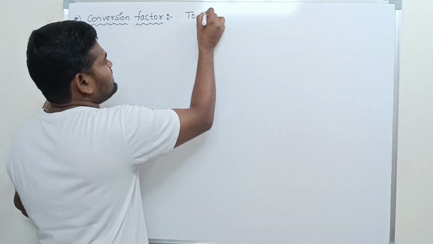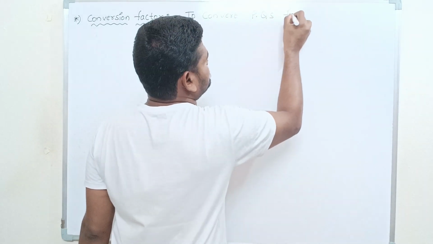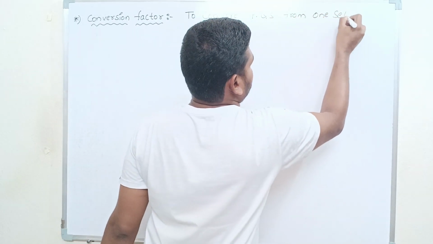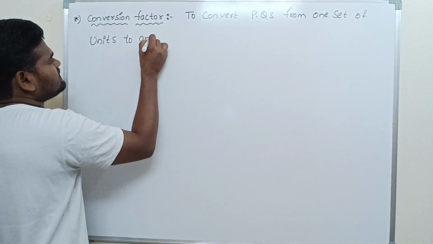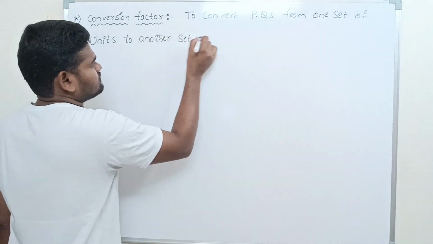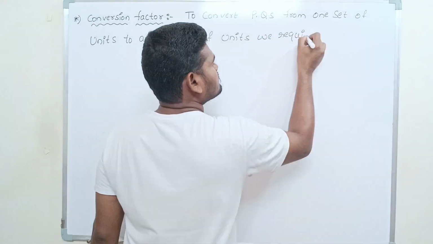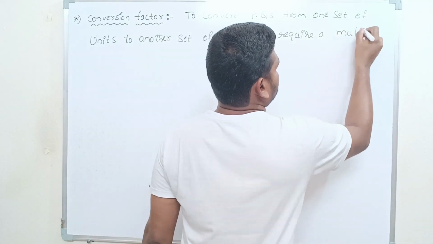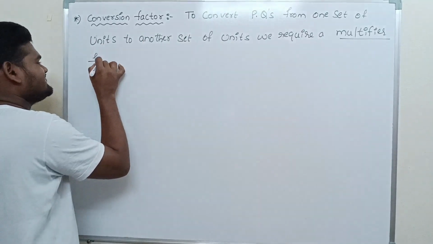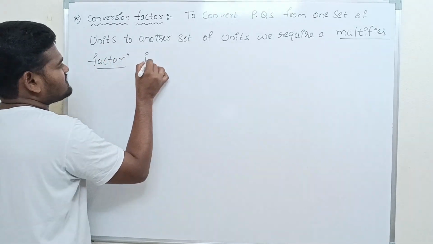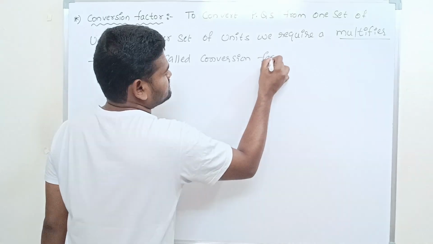To convert physical quantities from one set of units to another set of units, we require a multiplier factor, that is called a conversion factor.